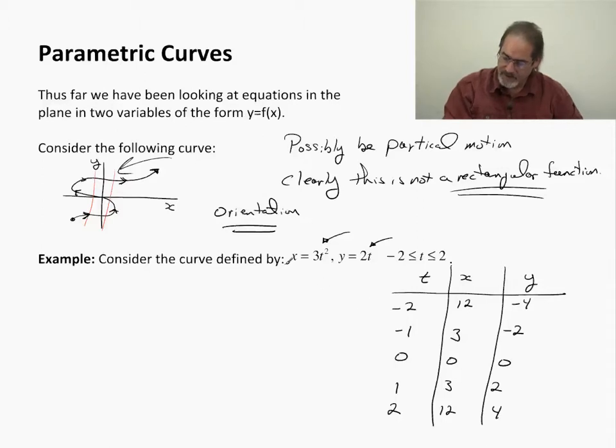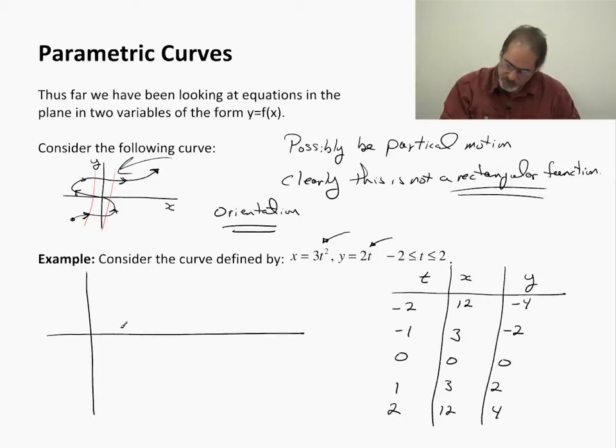All I did is take x of -2, so that's 3 times the -2 squared. -2 squared is 4, 3 times 4 is 12. And all I did is evaluate x and y for these different values of t. So now that I have those, let's go ahead and take a look at what the curve is going to look like.